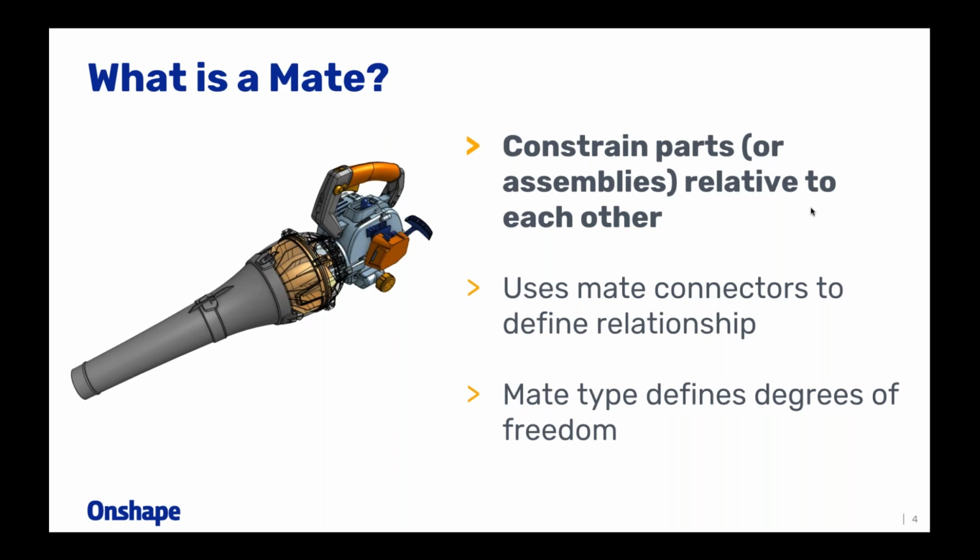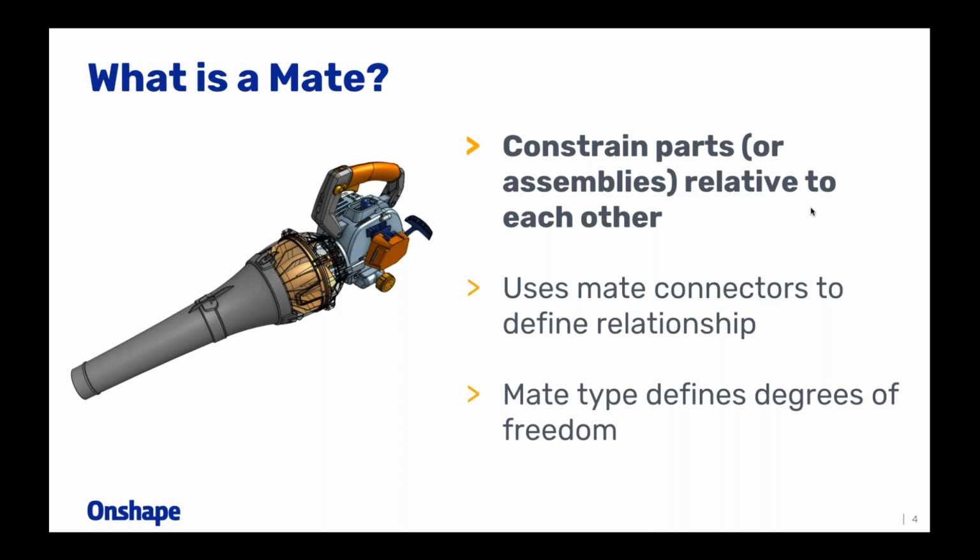So we use mate connectors to define the relationship between parts, and we take two mate connectors, one from each part, and we bring those two mate connectors together, and the mate that you choose defines the degrees of freedom that that part has, right? So, for instance, a revolute mate has a rotational degree of freedom. It's allowed to rotate. So the mate that you choose is what determines how much movement there is between those two parts that you're choosing for your mate. So that's kind of the basics of a mate in Onshape.